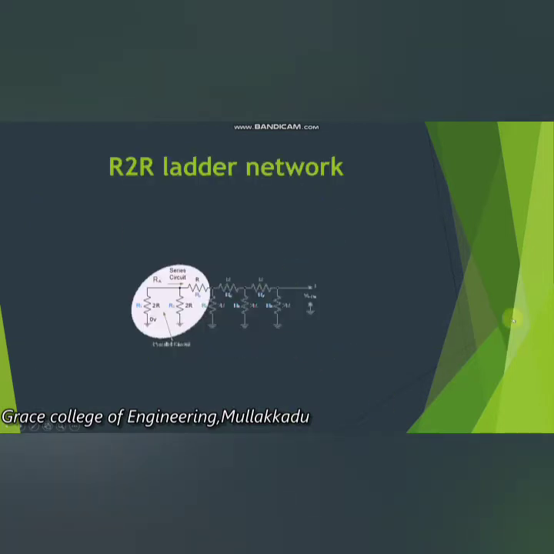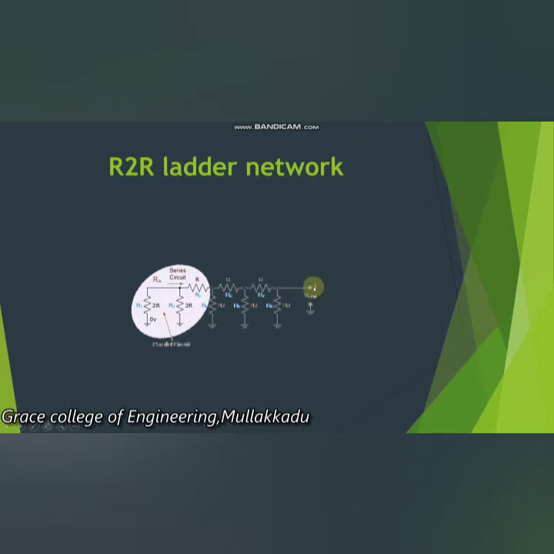See, this diagram shows the R2R ladder network, and this is R2R, R2R, R2R. Similarly, we can include any number of R2R sections, so that we can increase the number of bits in the digital input.